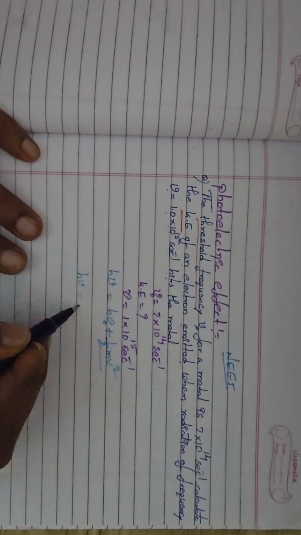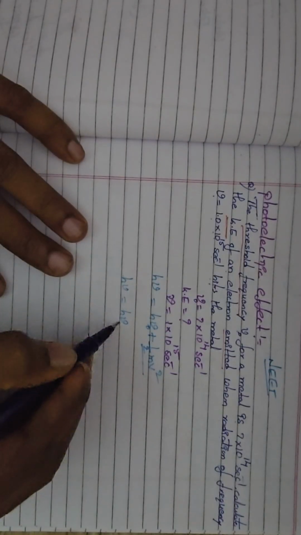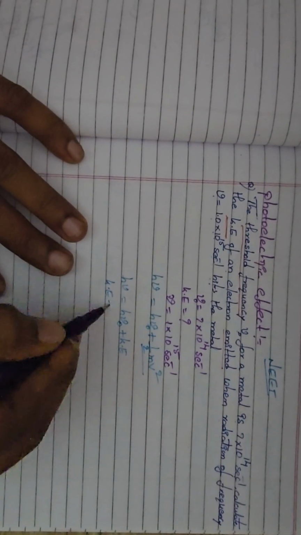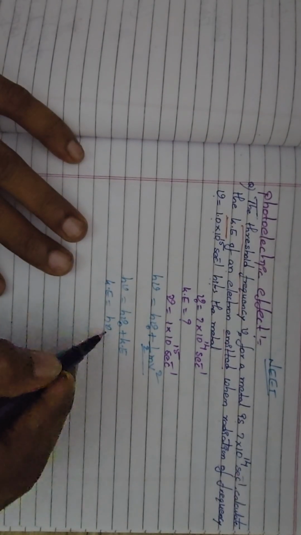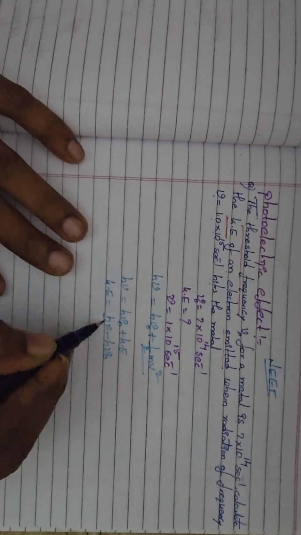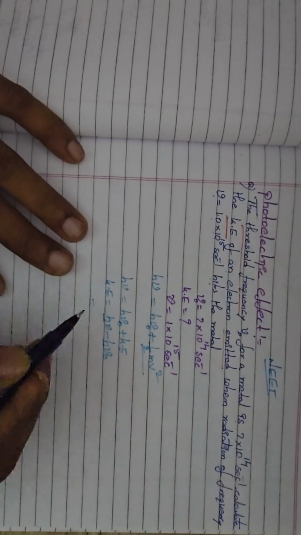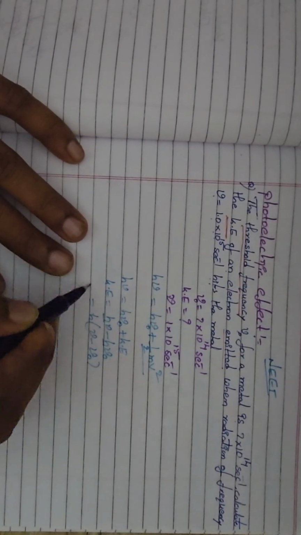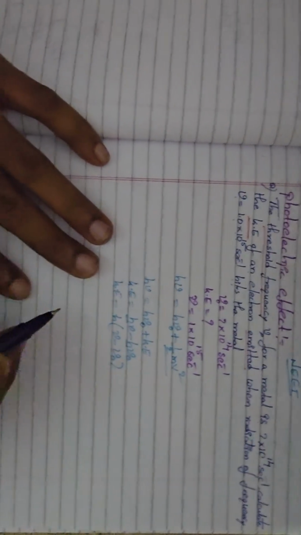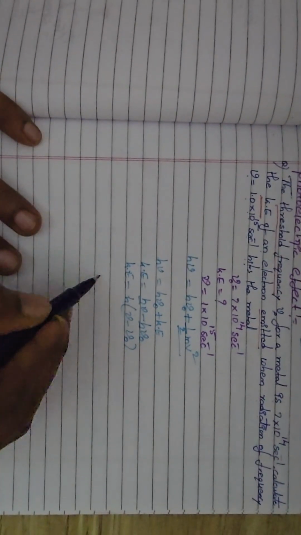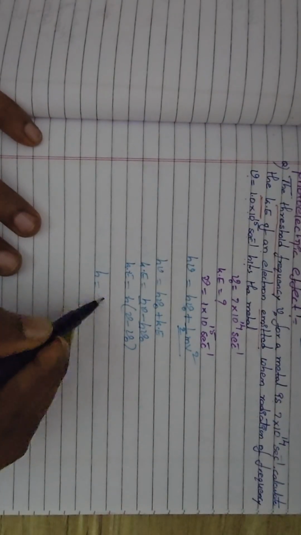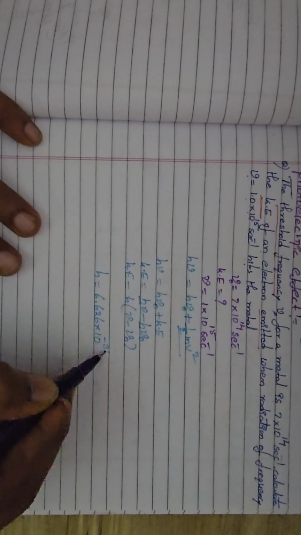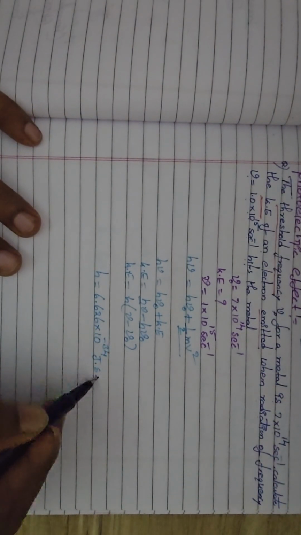h nu is equal to h nu naught plus Ke. So Ke is equal to, from the above formula, h nu minus h nu naught. h is the Planck constant. Separate the Planck constant h into nu minus nu naught. What is the Planck constant value? We know it is 6.626 into 10 power minus 34 joule seconds.